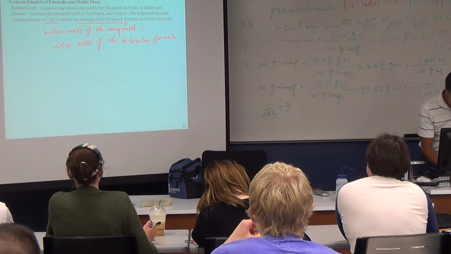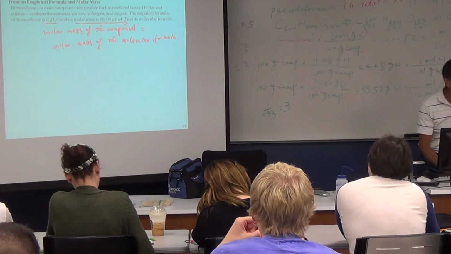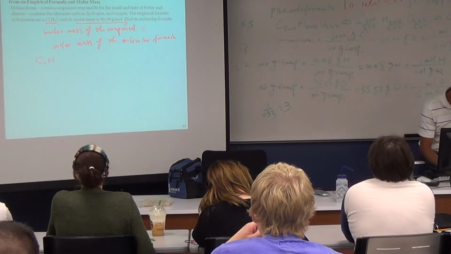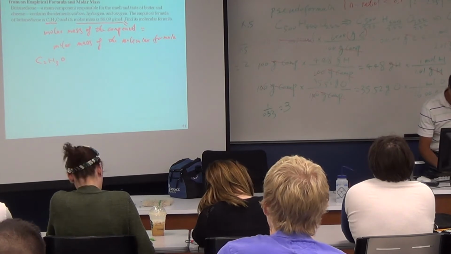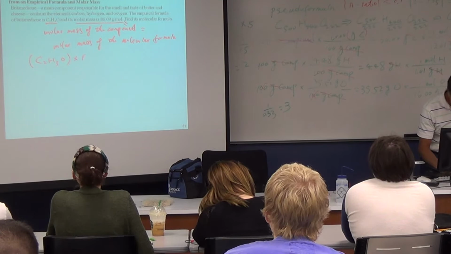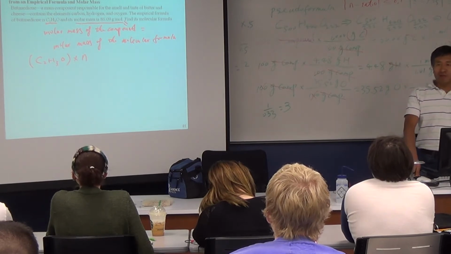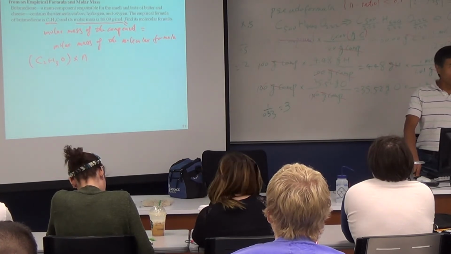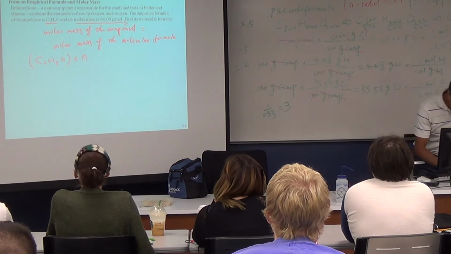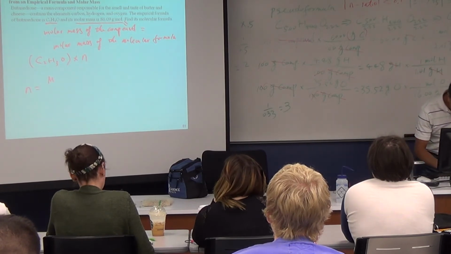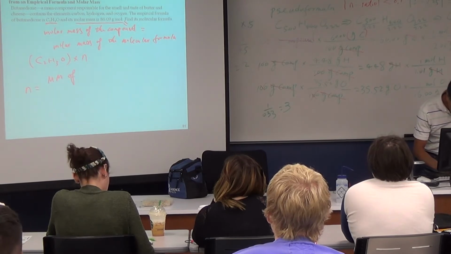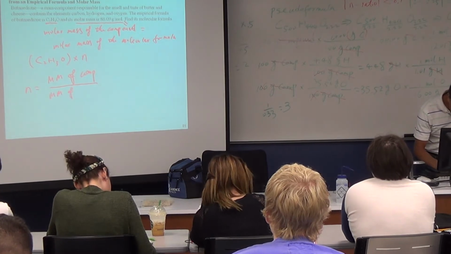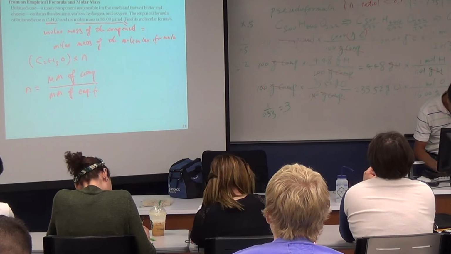And this formula is the empirical formula. Right? So if you want to change the empirical formula, which is C2H3O, into the molecular formula, you need to find out what our n is. You will take the empirical formula, multiply by n, and then you will get the molecular formula. Right? So n will equal the molar mass of the compound divided by the molar mass of the empirical formula.